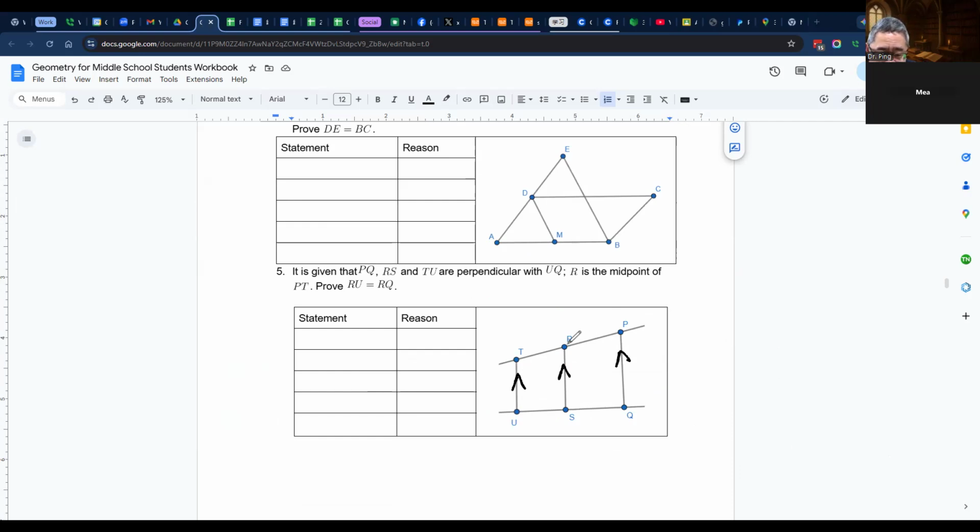And R is the middle point of PT. So this side is equal to that side. And it wants us to prove that RU, this one, is congruent to RQ.